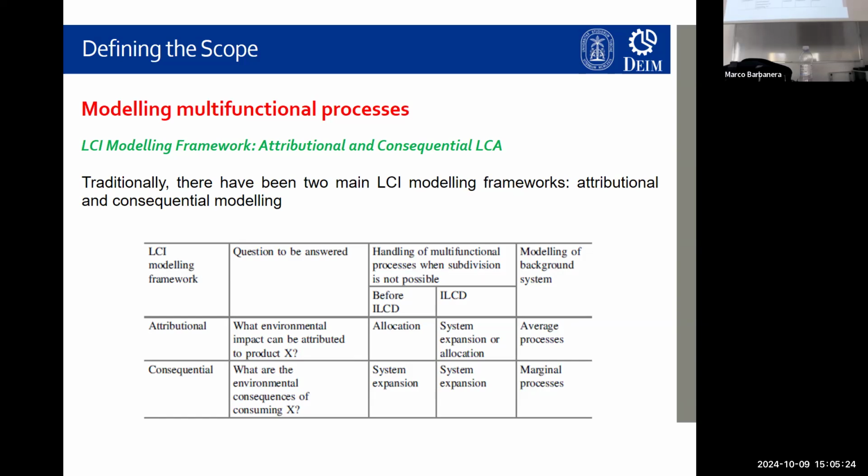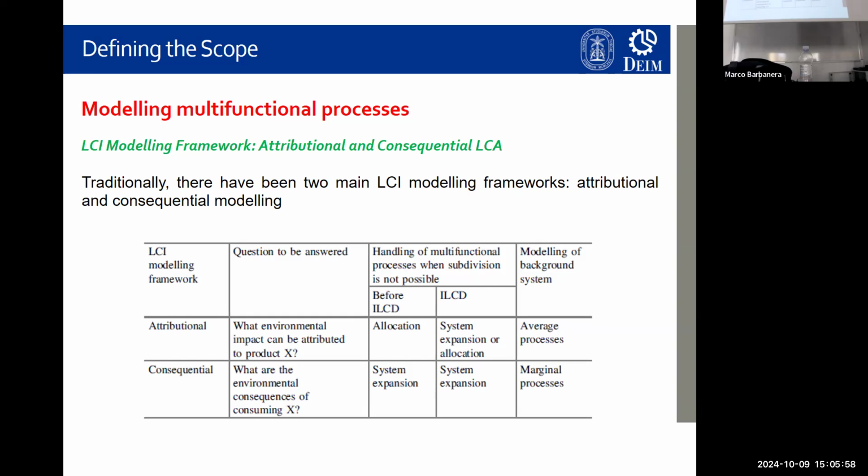Actually, in 99% of the cases of LCA studies, the LCA studies are attributional studies. Instead, consequential LCA studies are not very used because, as we can try to explain later, this scenario is very complex to apply.